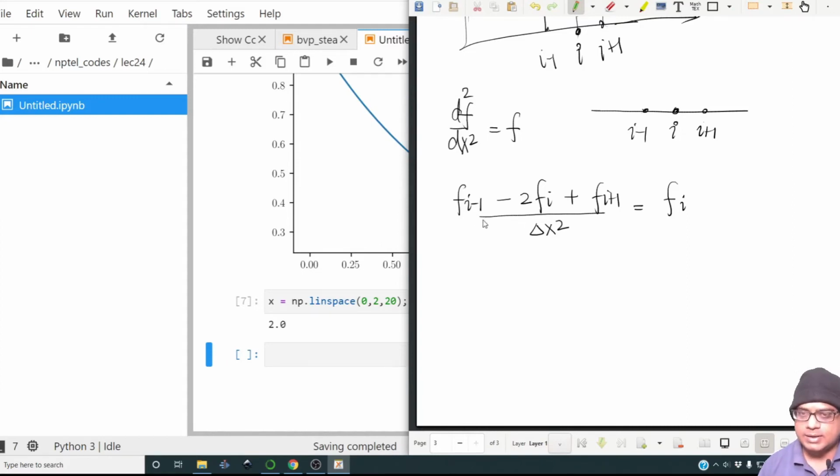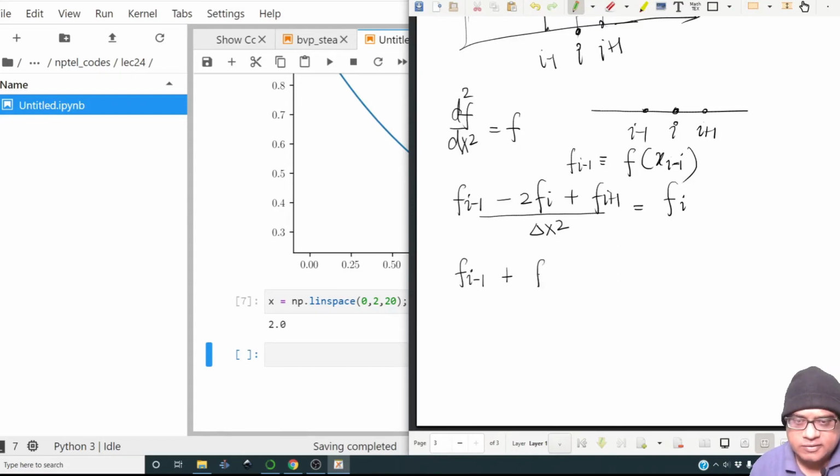Now let me segregate the terms fi minus 1, fi and fi plus 1. So I have fi minus 1, which is obviously referring to f at xi minus 1. This is just a small shorthand for writing. Plus fi times minus 2 minus delta x square, plus fi plus 1. This is equal to 0.